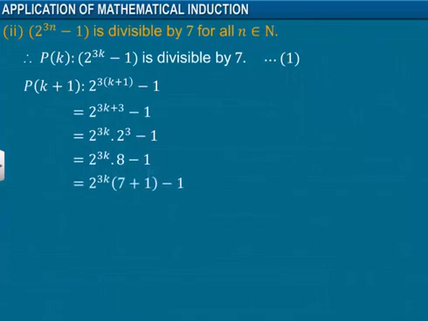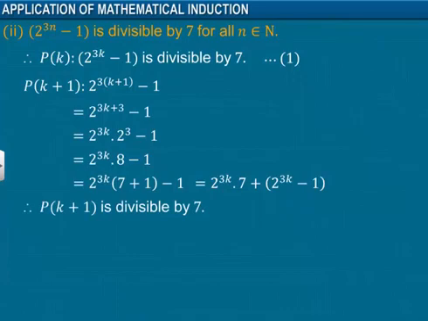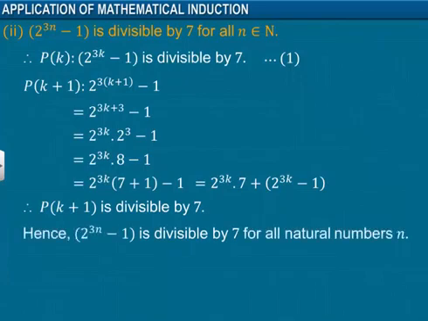On simplifying, we get 2 raised to the power 3k multiplied by 7 plus 2 raised to the power 3k minus 1. 2 raised to the power 3k multiplied by 7 is a multiple of 7. And 2 raised to the power 3k minus 1 is divisible by 7 from equation 1. Therefore, the statement is true for n equal to k plus 1. Hence, the statement is divisible by 7 for all natural numbers n.